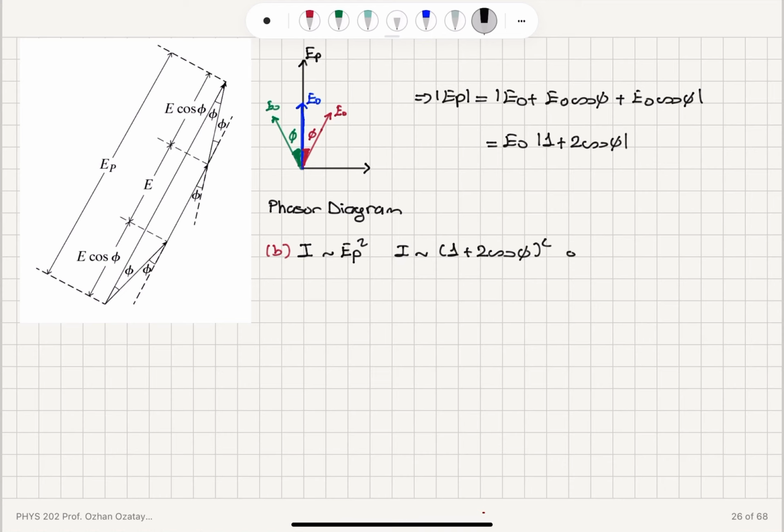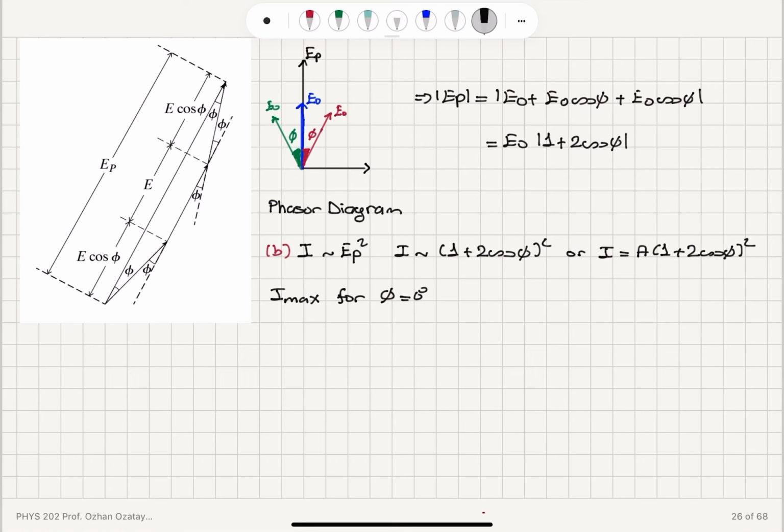Or we can say that intensity is a constant A times (1 plus 2 cosine phi) squared. So where do we get the maximum intensity? We will get the maximum intensity for phi equal to 0 degrees.